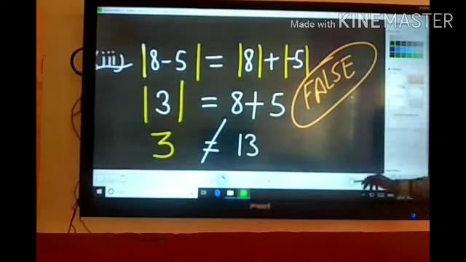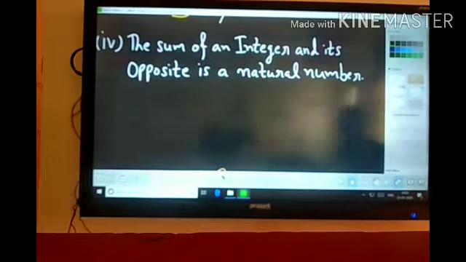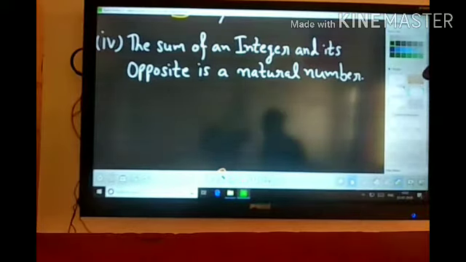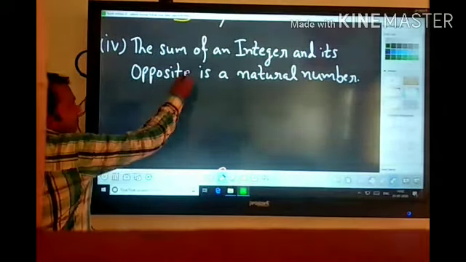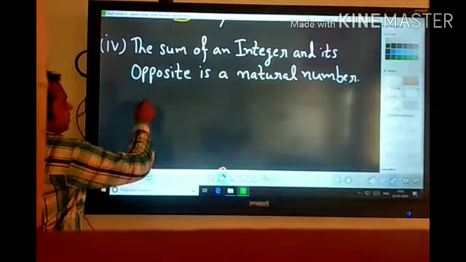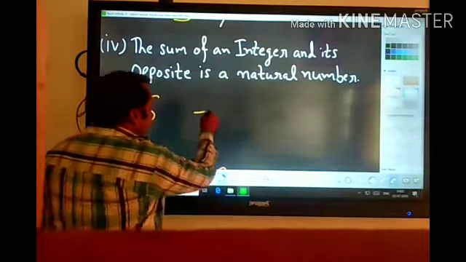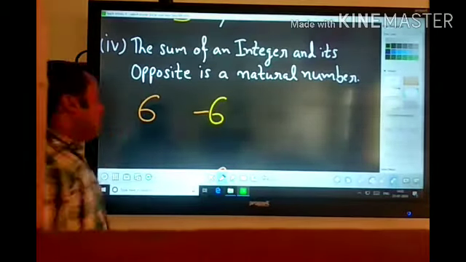Now we are going to solve the next part, that is the fourth part. Here the statement is: the sum of an integer and its opposite is a natural number. We know natural numbers start from 1, and I take an integer 6 and the other one is minus 6.